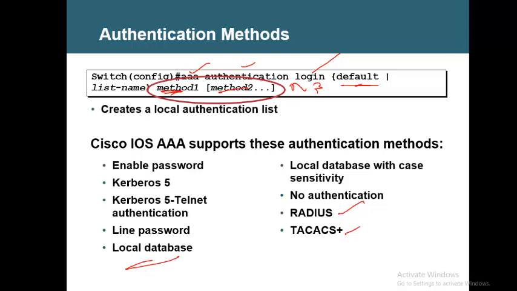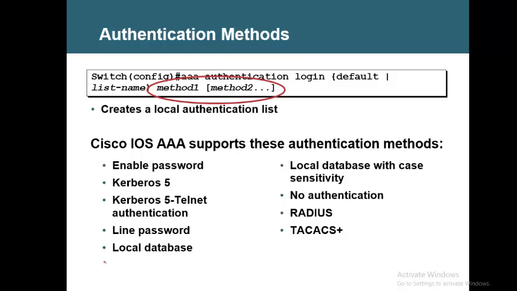You can have these methods, but they will be checked the same as you configure. If you say method 1 is TACACS, it will go only to the TACACS server. For that, you need to provide the IP address of the TACACS server and the pre-shared key to get authenticated when you approach the TACACS server.